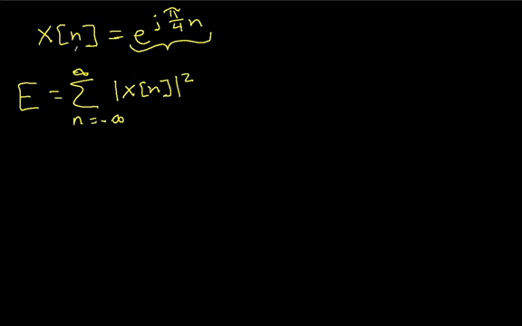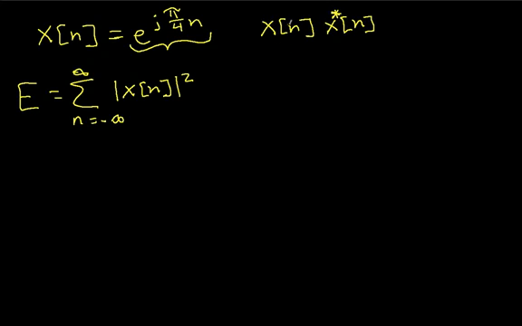To get the magnitude squared of a complex number, we take the number, which in this case is x of n, and we multiply it by its conjugate, which is usually represented by a star. And you get the conjugate of a complex number by changing the sign of the j everywhere it shows up.